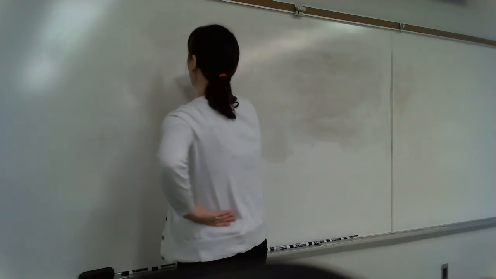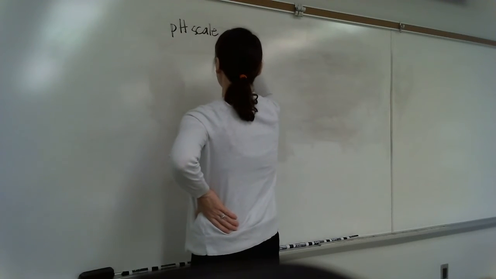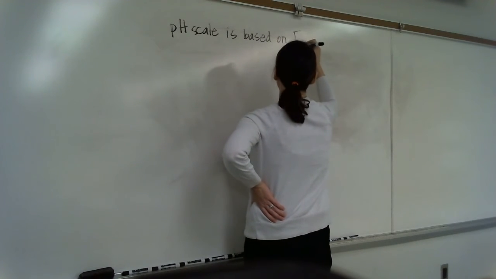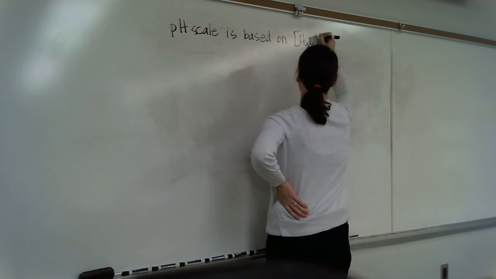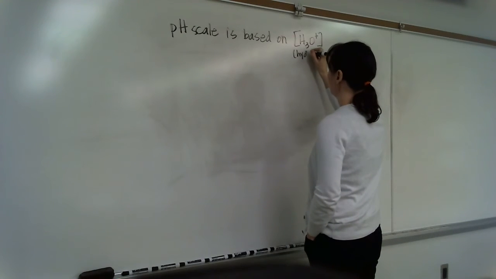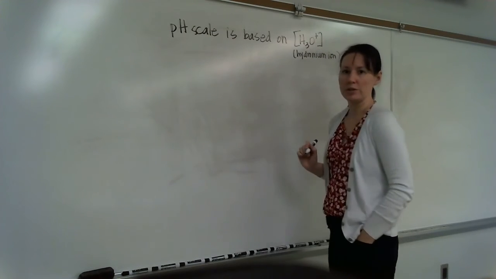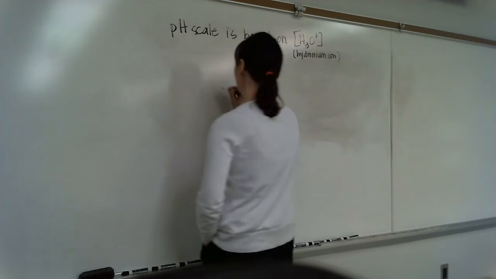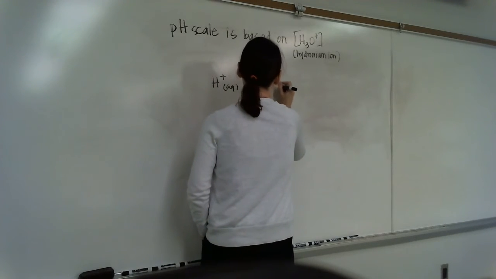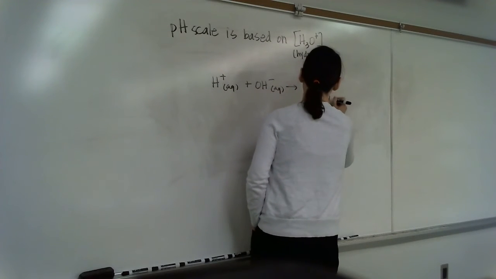So the pH scale is based on the concentration of H3O+. That's called the hydronium ion. So the net ionic equation for forming water is H plus OH minus produces H2O liquid.